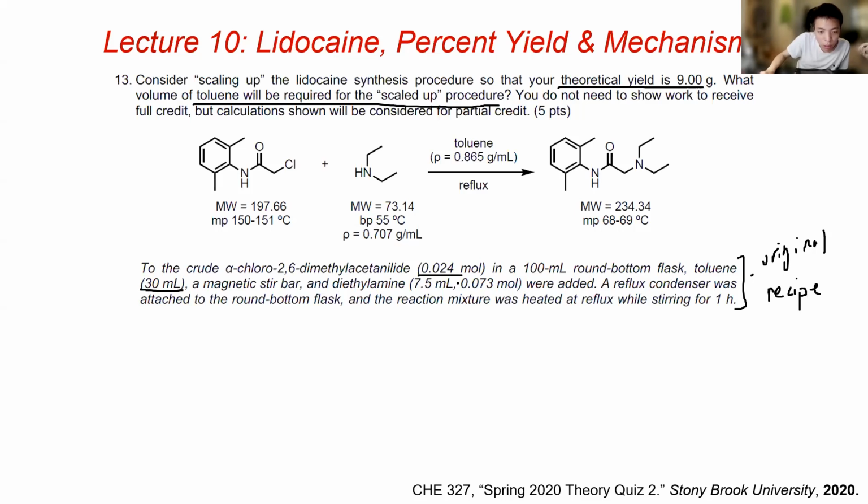Okay, so we know that the limiting reagent is our analyte. So we should have 0.024 moles of the lidocaine. And that one corresponds to how many grams of lidocaine?